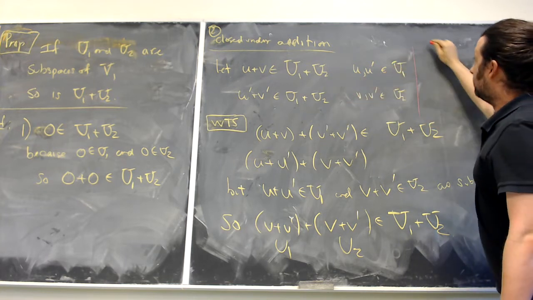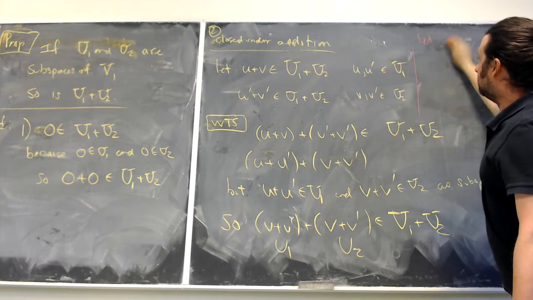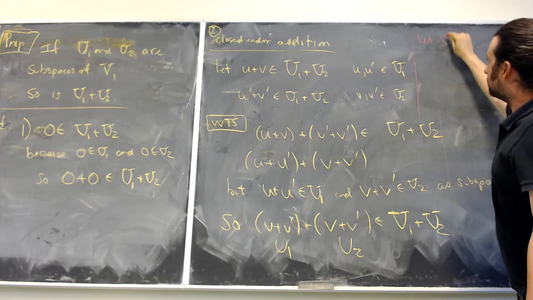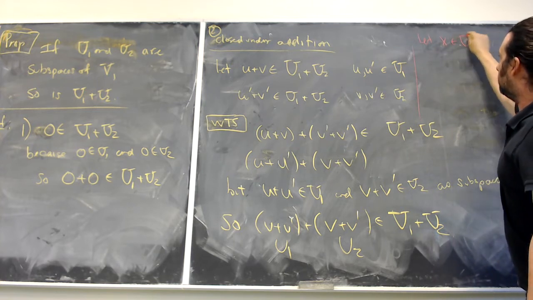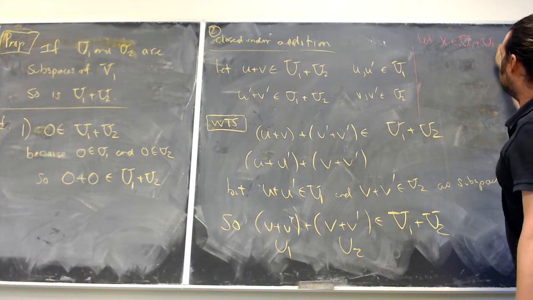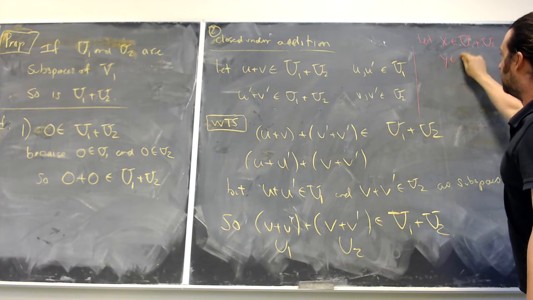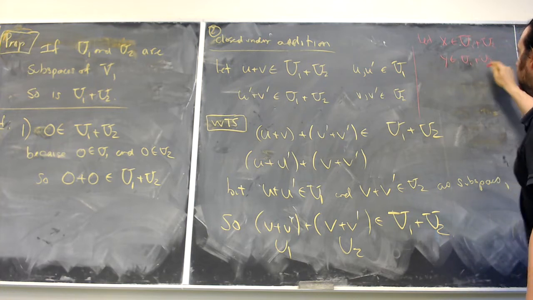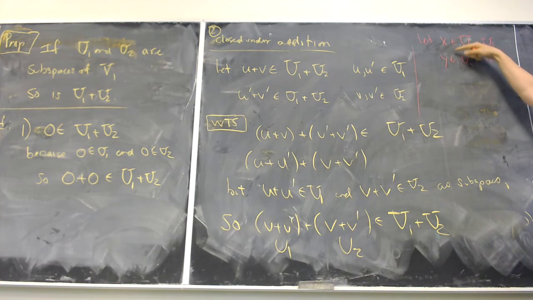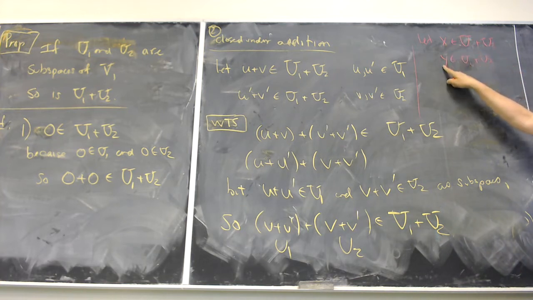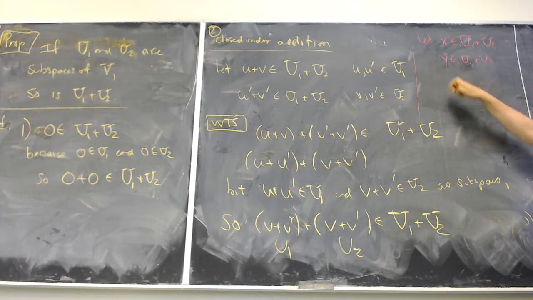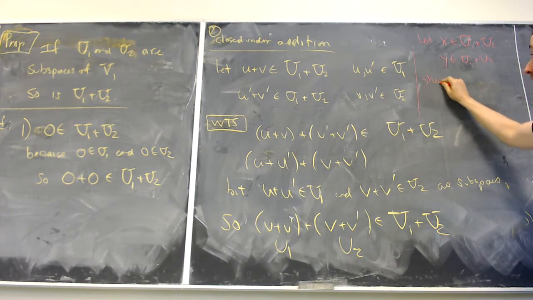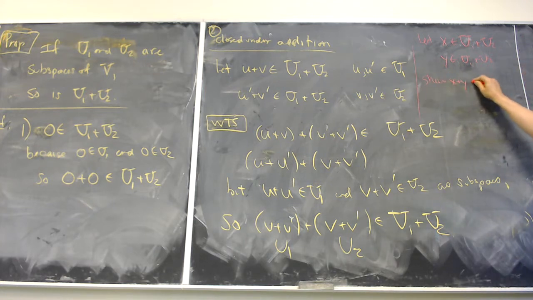What I want to do is say, okay, let x be an element of U1 plus U2. There's one element in it. And let y also be an element of U1 plus U2. I want to pick a random element and another random element and add them together, right? Show that x plus y is an element of U1 plus U2.